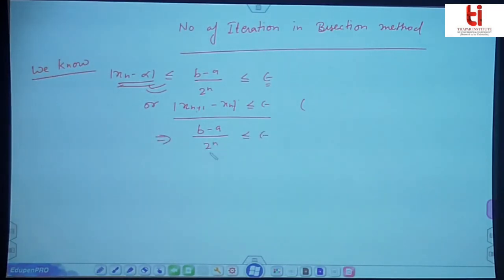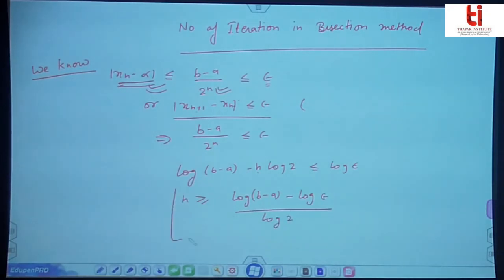Now we can write it in logarithmic form: log(b minus a) minus n log 2 is less than or equal to log epsilon, where n is the number of iterations, because this we got in the nth iteration. And log 2 gives the value of n. n is greater than or equal to (log of (b minus a) minus log of epsilon) upon log 2.